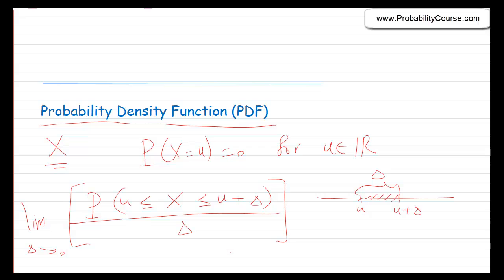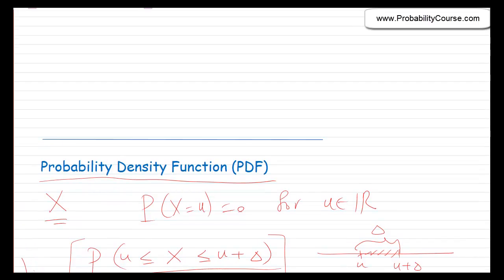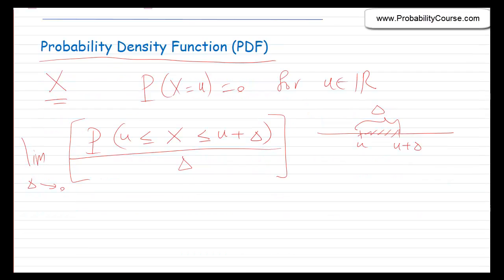It's the density of the probability. It's the probability divided by the length, so it's probability per unit length. So this limit, if it exists, I call f of u. And we have a subscript here, F_X(u), which means that this is the PDF for the random variable X. Okay, so that's the concept of a PDF.